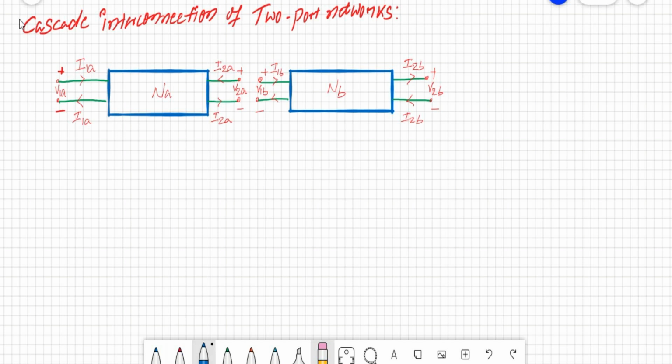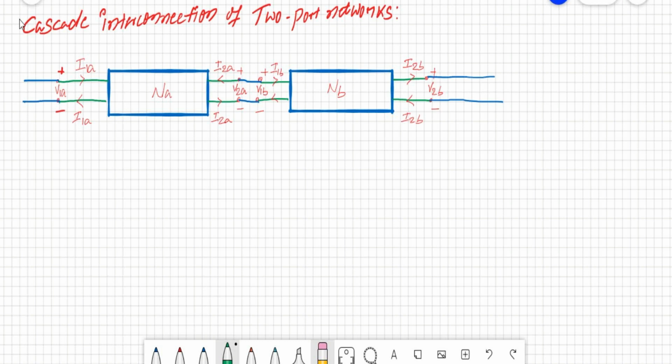So if they are connected in cascade connection, just extend this line. Just in cascade they are connected like this. If you make this connection, they are said to be connected in cascade. And extend these input lines also. So this is called a cascade connection.